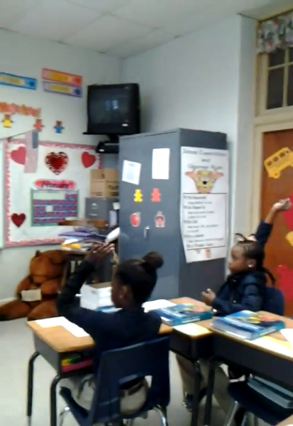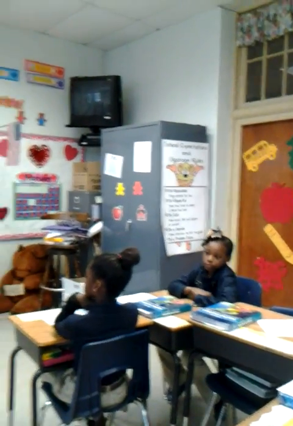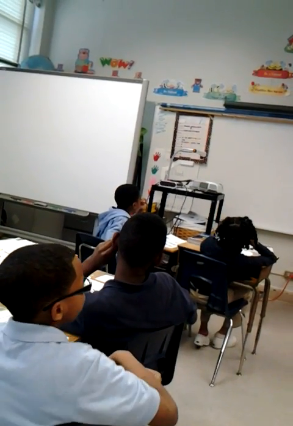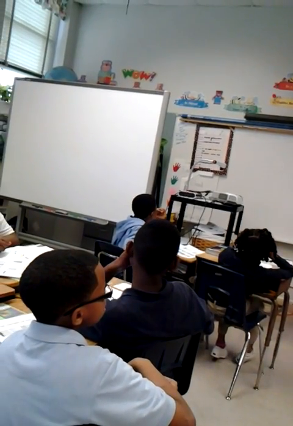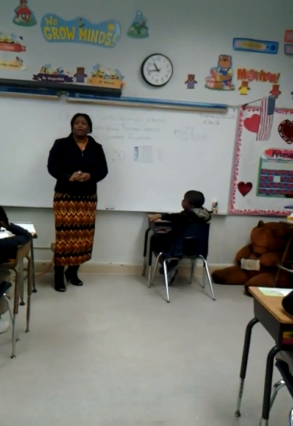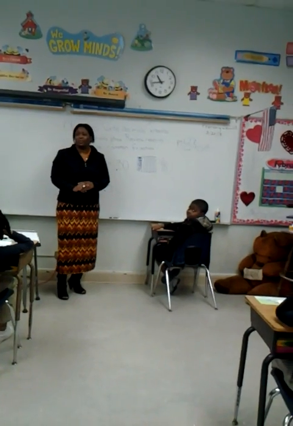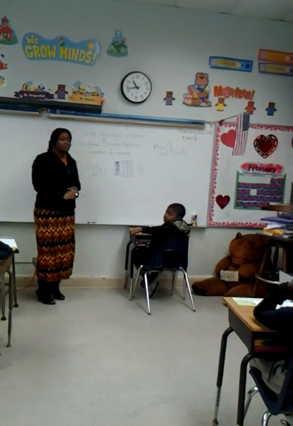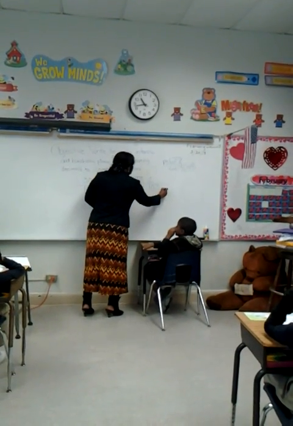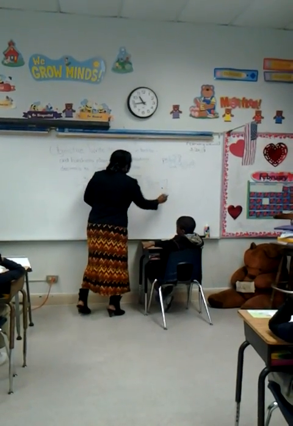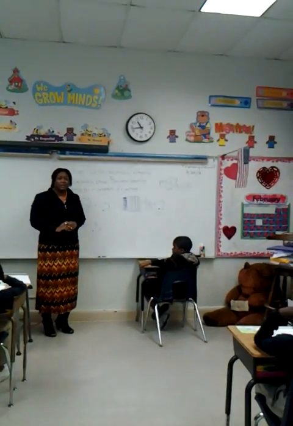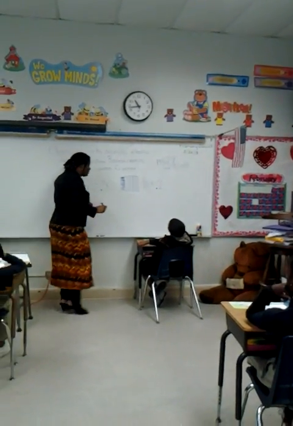Can you do that for me, Timothy? 2 tenths. Very good. So that would be 2 over 10. Good job. Now, LaRon, help me convert that over into a decimal. 0.2. Very good. If I were to put that as a decimal, that would be 0.2. Does everyone agree with him? Yes. Very good.